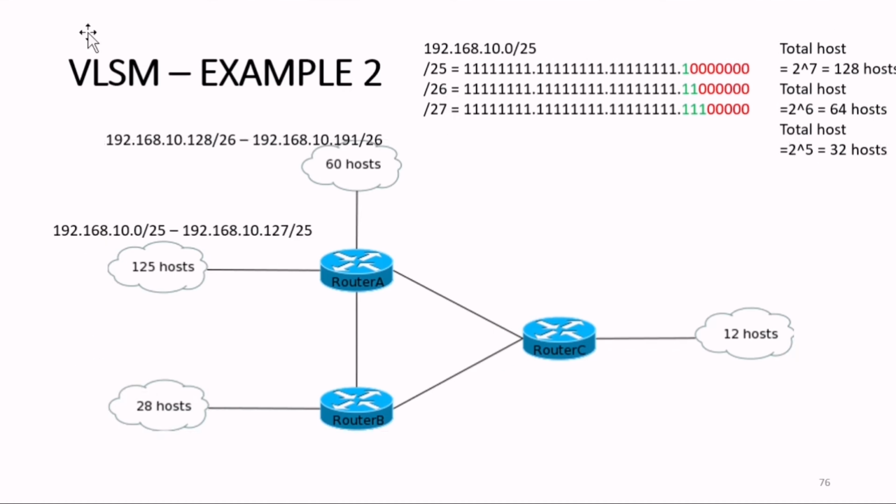So for this range, we can use 192.168.10.192 slash 27 until 192.168.10 dot, so plus 32, we get 223 slash 27.